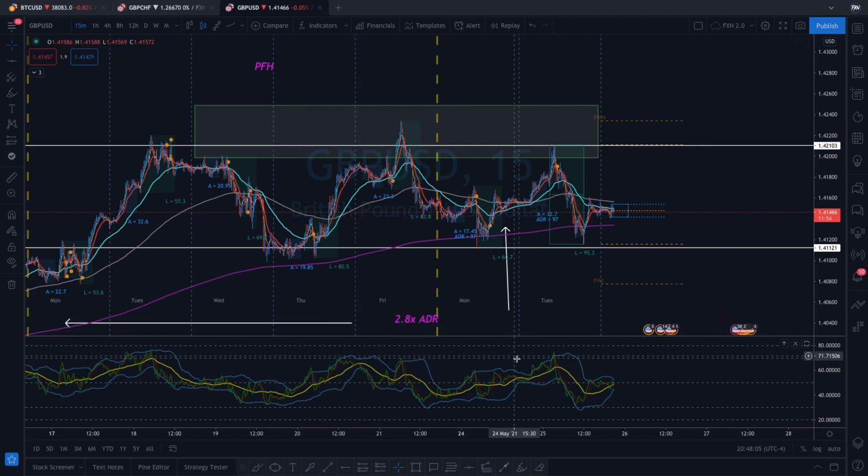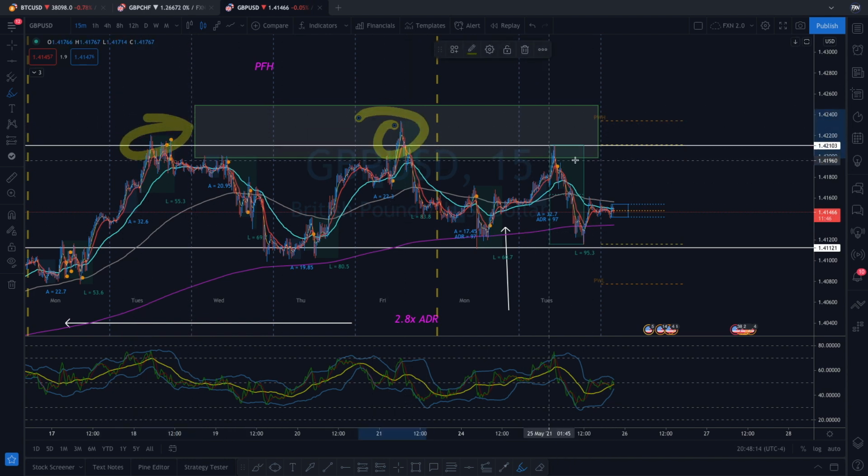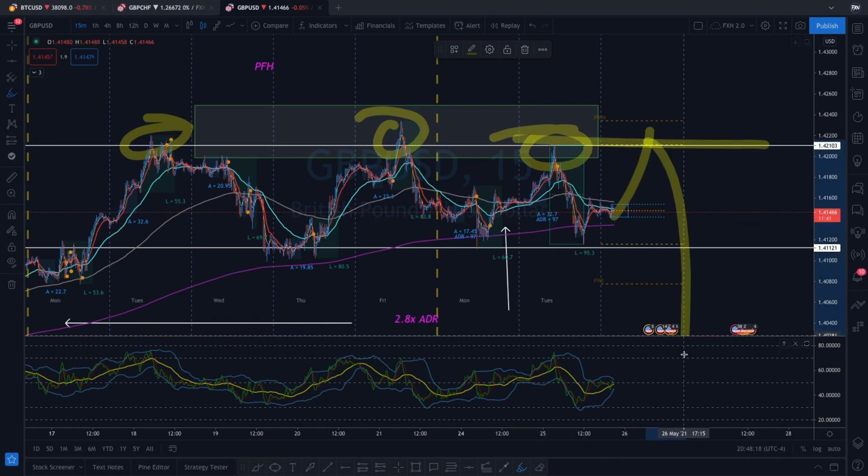So if their ultimate goal is to go lower, they're going to come up here and tag this and then drop.